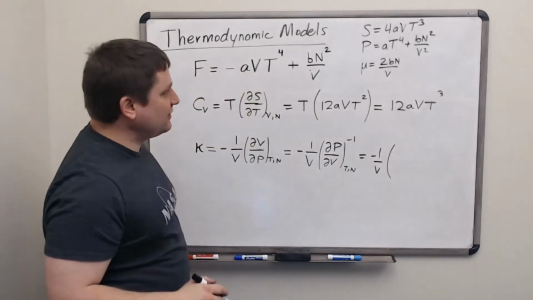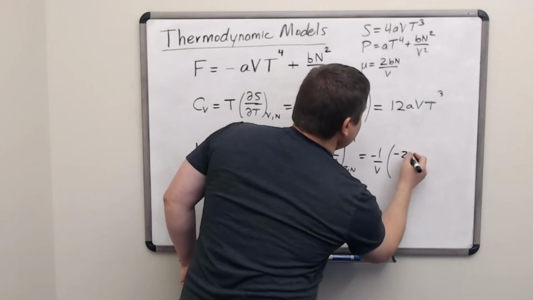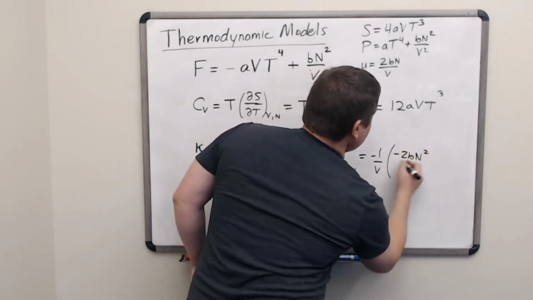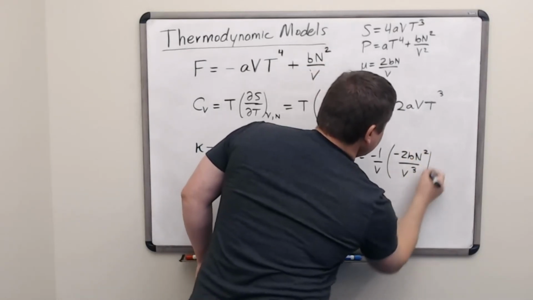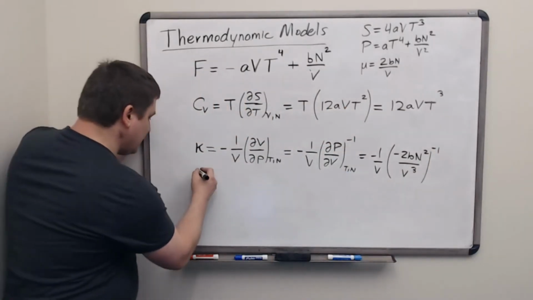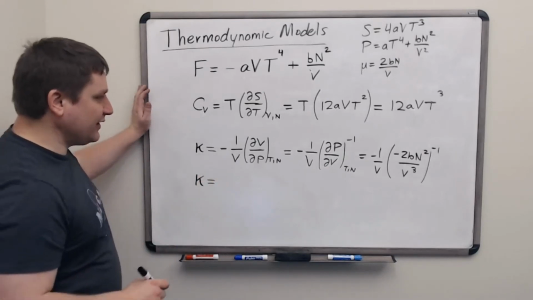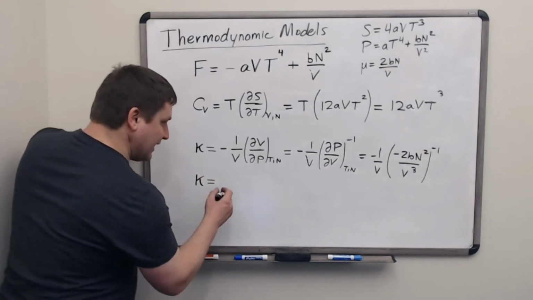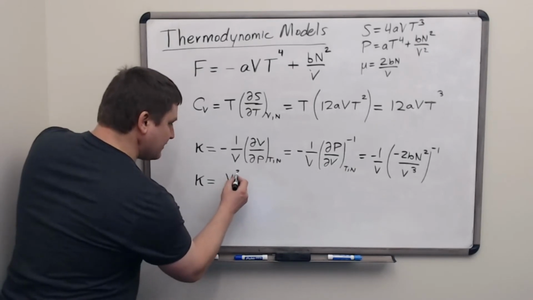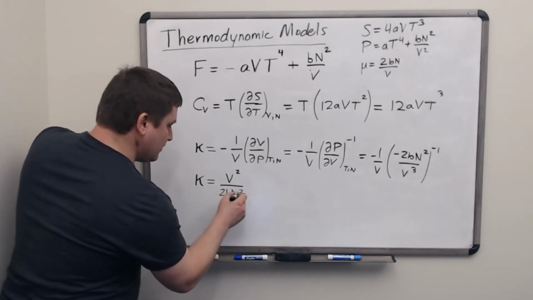When we do that, this derivative will be negative 2BN squared over V cubed to the minus 1 power per the formula. So our value for the compressibility will simplify to V squared over 2BN squared.